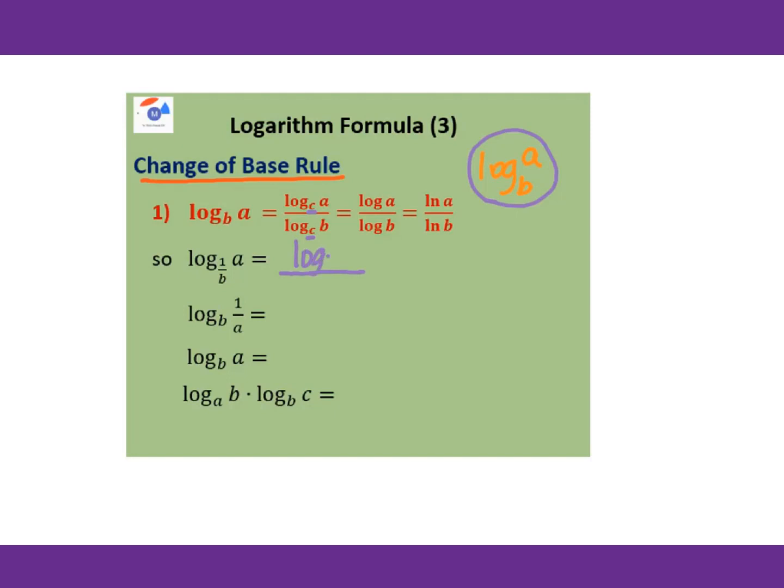I will get the log base b of a over log base b of 1/b. This one, because b to the -1st power equals 1/b, you will get the -1 log base b of a. Therefore, you will get negative log base b of a. For this one, you will get the same log base b of a.